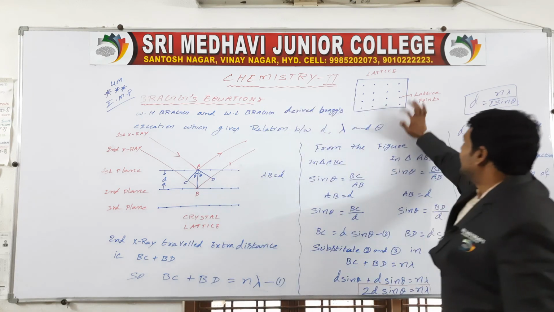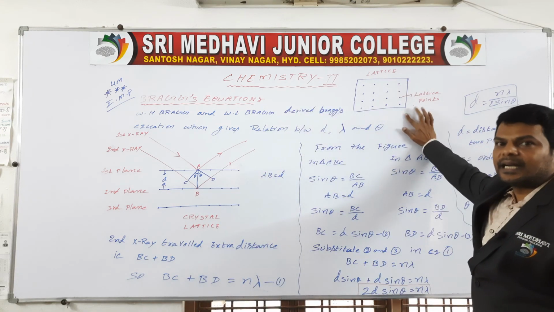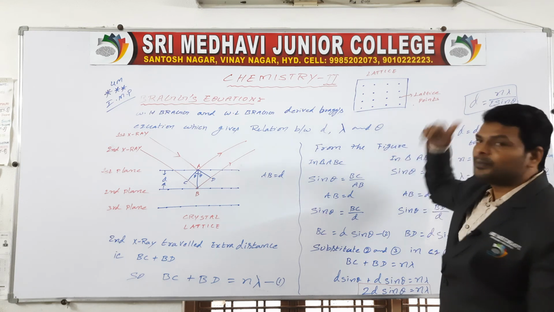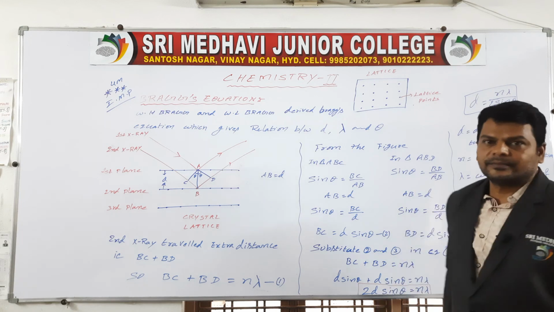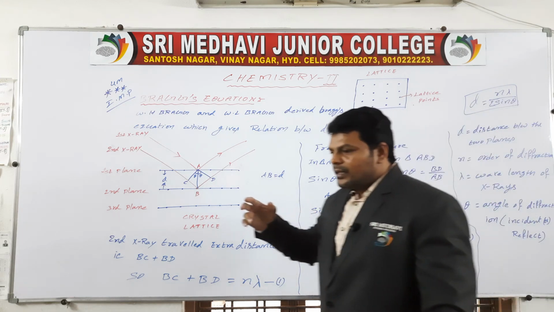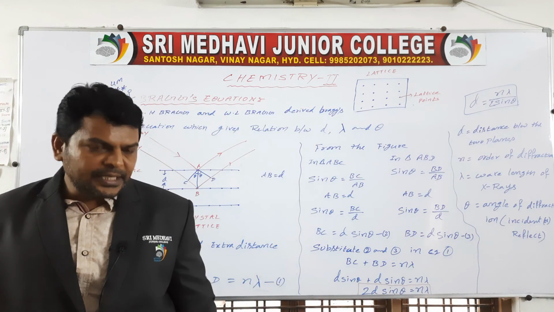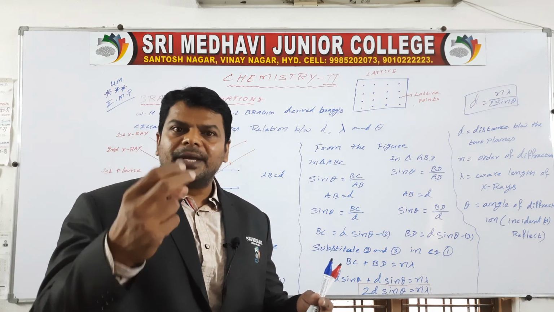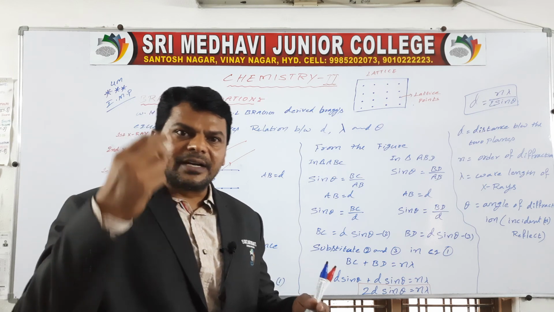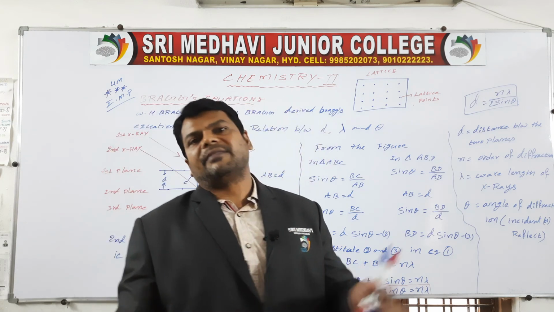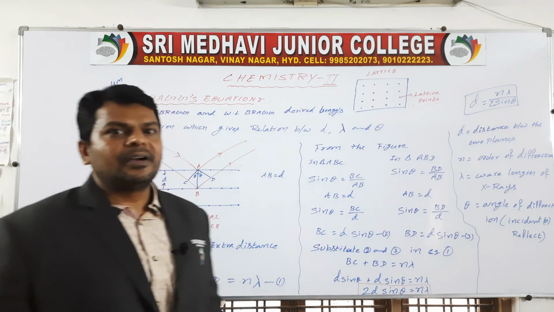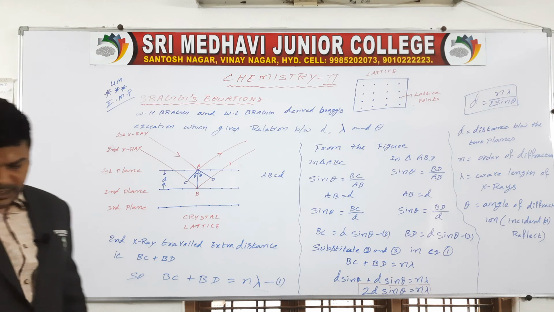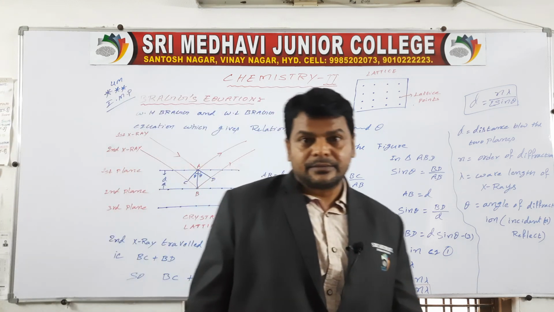The crystal lattice contains these points, called lattice points or lattice sites. X-rays undergo diffraction on touching these points. They undergo diffraction. Okay. So this is today's topic.